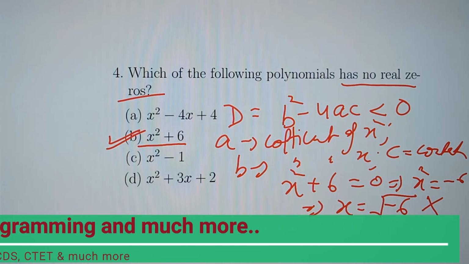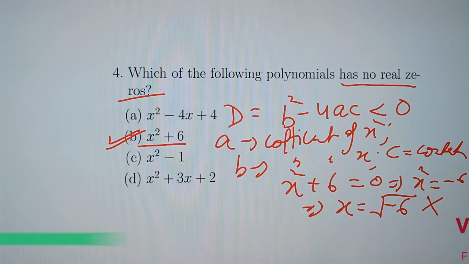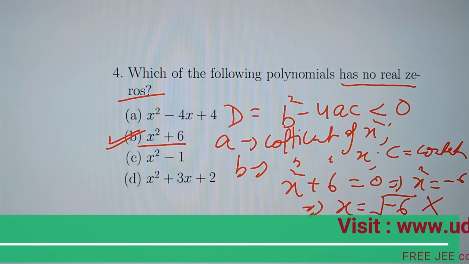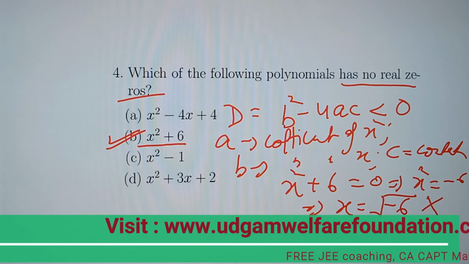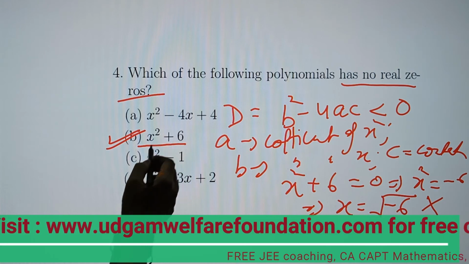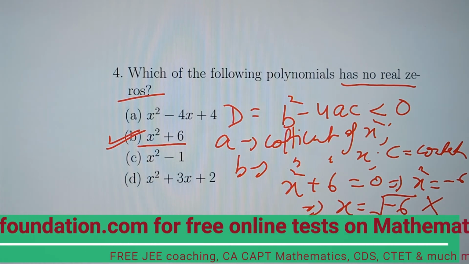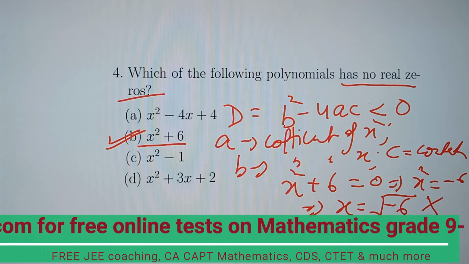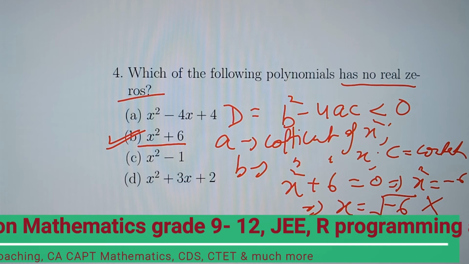Very simple. So here we need not check by using b square minus 4ac. We can simply check this particular option because it does not contain the term x. So we can simply write it this way and say that this particular polynomial will have non-real zeros.